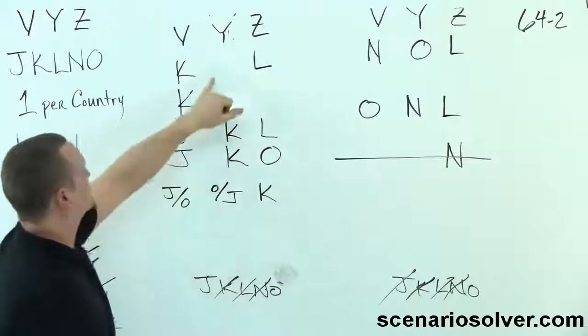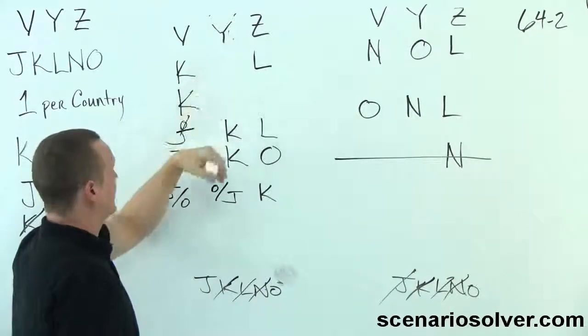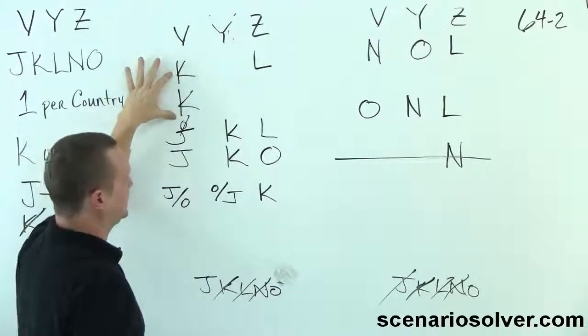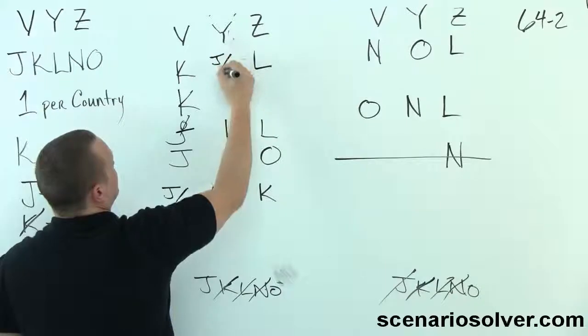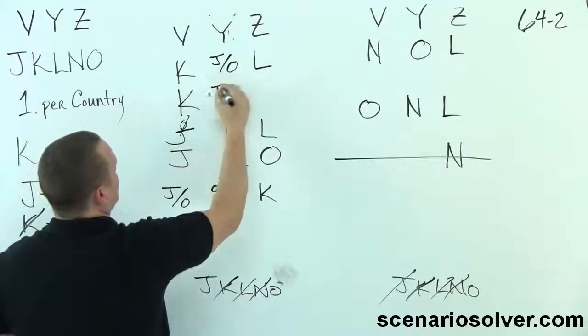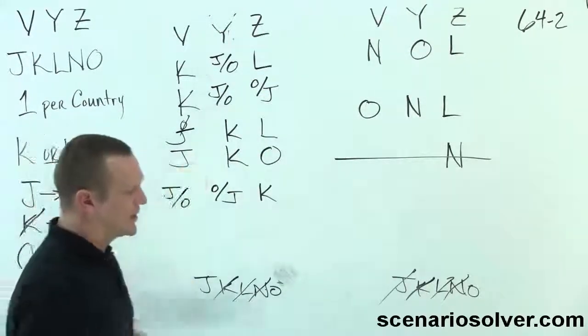Again, we know that if J occurs, then K must occur, so that condition's satisfied. And we know that the only rule dealing with O is if O is in V and O is not in V. So there's nothing against this right here. And again, the same thing here. We just know that there's an option, and we have a J and O.